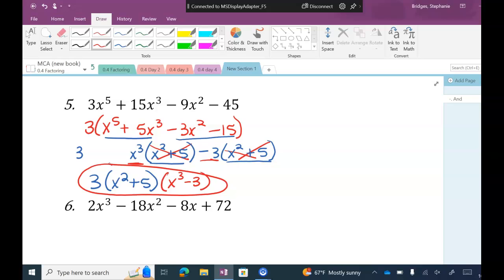Number 6 is very similar. I want you to try that one. Sometimes I forget to ask them. I see it doesn't have it, but we need to get in the habit of that being the very first question I ask, no matter what kind of factor we do.